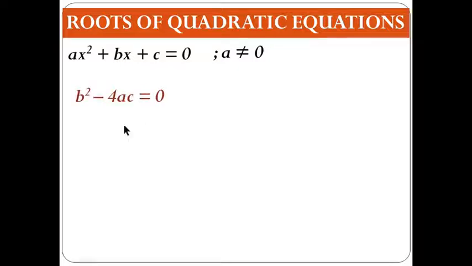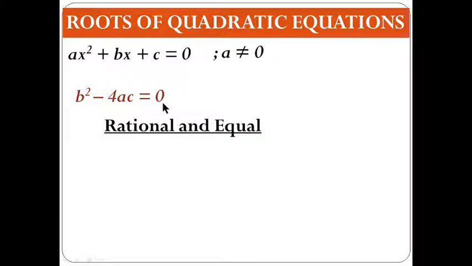So, kapag ang discriminant b squared minus 4ac is equal to 0, ang kanyang roots ay rational and equal, o di kaya'y repeated. So, parehas lang yan. Rational and equal and repeated.